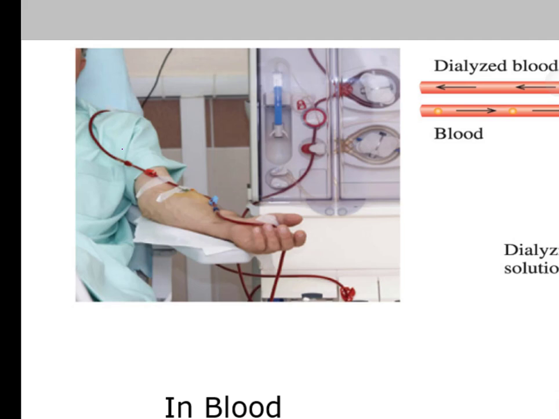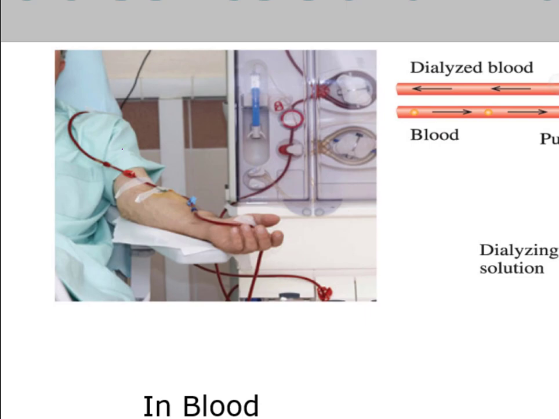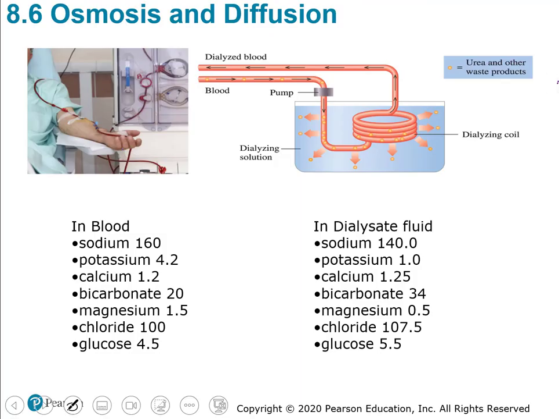There's a tube going up and then a tube coming down. They actually have 2 needles in them. One is drawing blood out, and then you'll have another one that's actually putting blood back in.